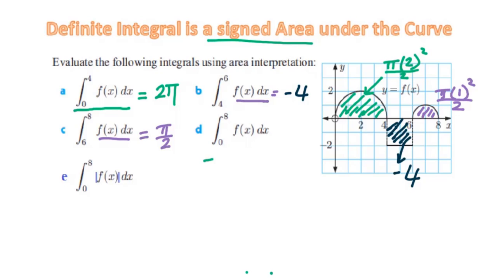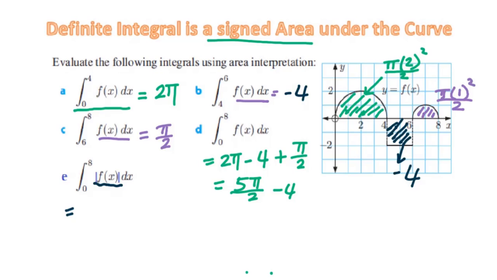For D, integral from 0 to 8 of f of x dx, you will get 2 pi minus 4 plus pi over 2. Therefore, you will get 5 pi over 2 minus 4. For E, integral from 0 to 8 of the absolute value of f of x dx.